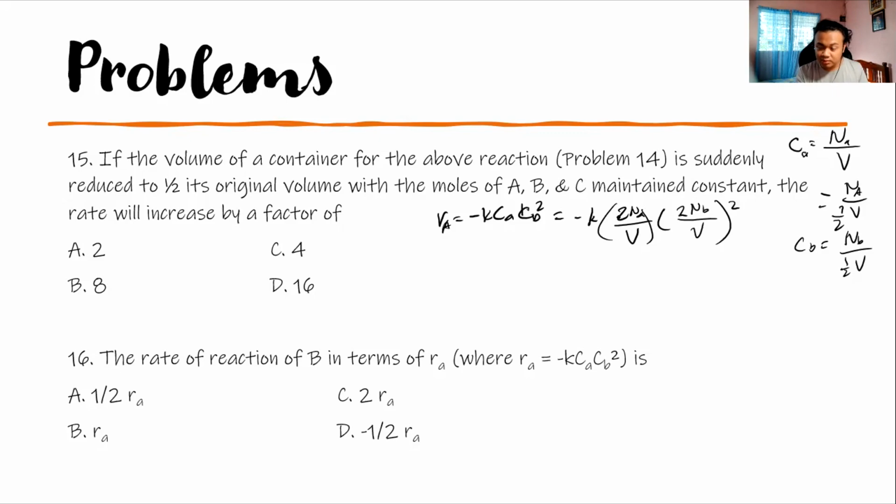So 2 times 2 squared is equal to 8. Then k N_A N_B squared over V cubed. As you can see, the factor is 8. So letter B is the answer.